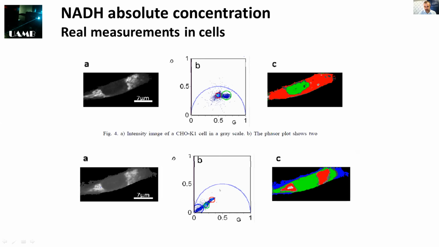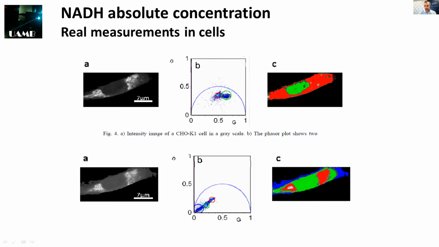We can also tell the fraction of free and bound. So we can do first the fraction of free and bound, and then the absolute concentration of the fractions of free and bound. You may notice that the strongest area, this one in red, is associated more or less with where we expect to have the mitochondria, where the bound NADH will be more important. And the least concentrated is here in the blue cursor, which is in the perimeter.